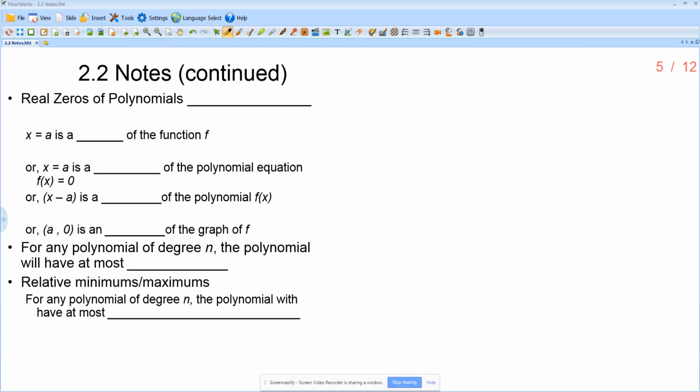All right, the next thing we talk about then is real zeros of polynomials. And you guys have talked about these before, you just haven't called them real zeros necessarily. These are really just x-intercepts.